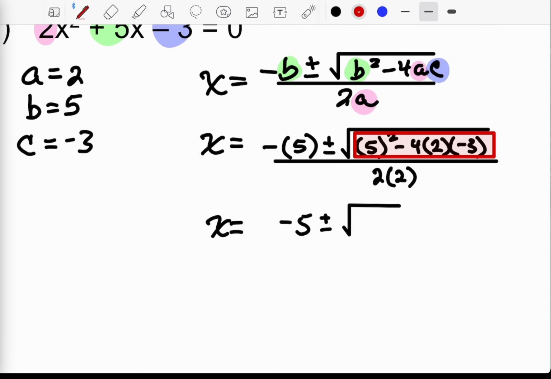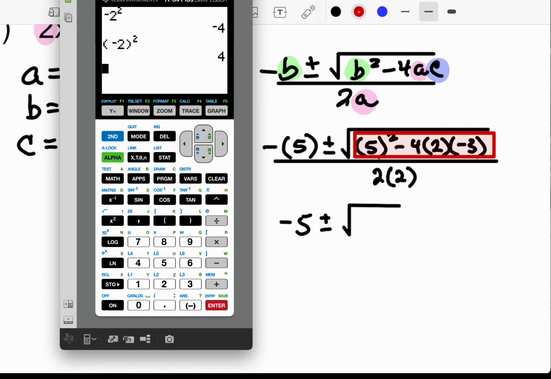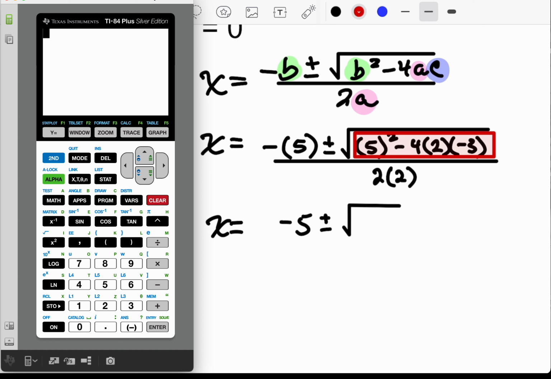Because if I put a radical in my calculator and all this stuff underneath it and I get some hideous decimal, I can't put down the hideous decimal. I have to put down something that's in irrational form, like a simplified radical. So I'm going to work whatever is under the radical rather than the radical itself.